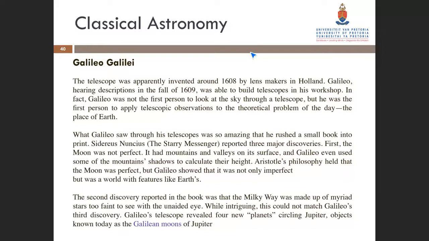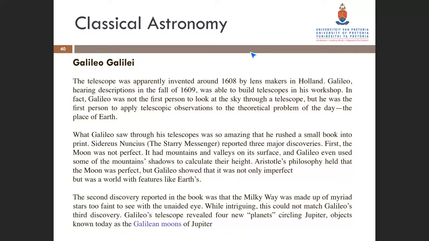What Galileo saw through his telescope was so amazing that he rushed a small book into print, Sidereus Nuncius. To translate it means the starry messenger. It reported 3 major discoveries. Remember, these 3 major discoveries of Galileo are also something I can ask in a test and exam.